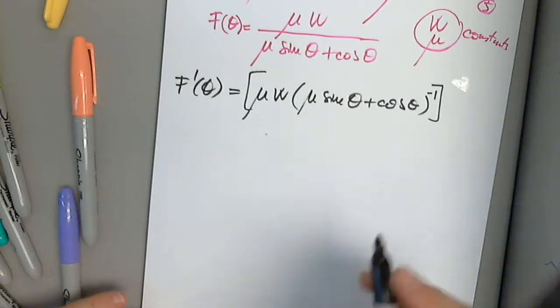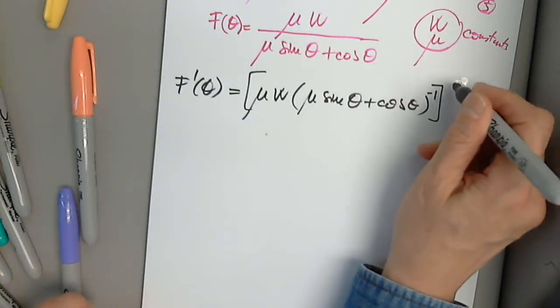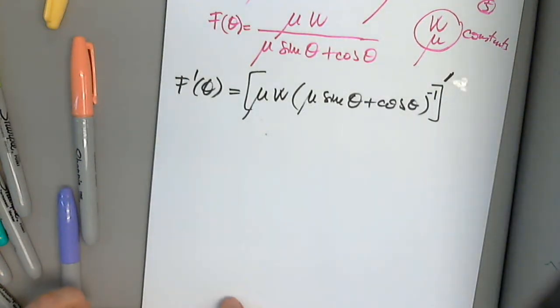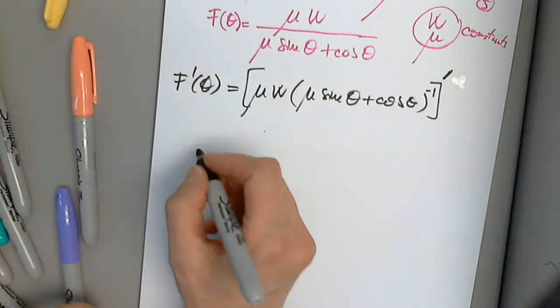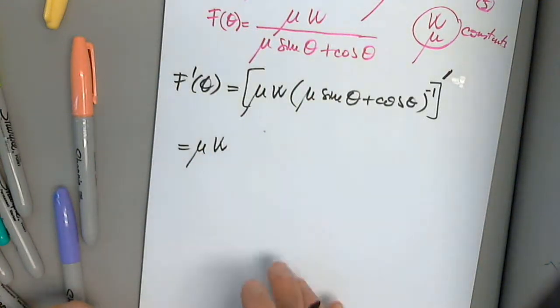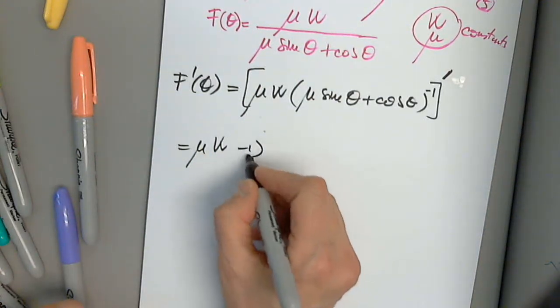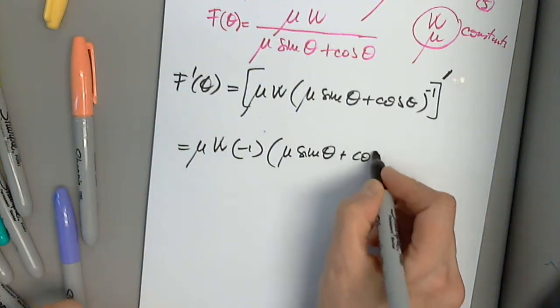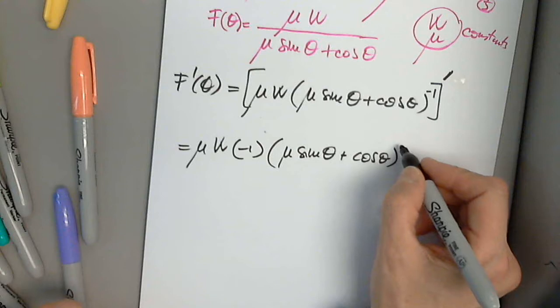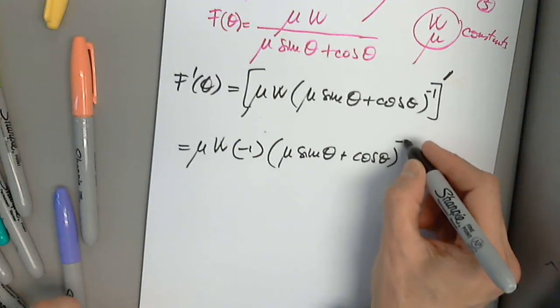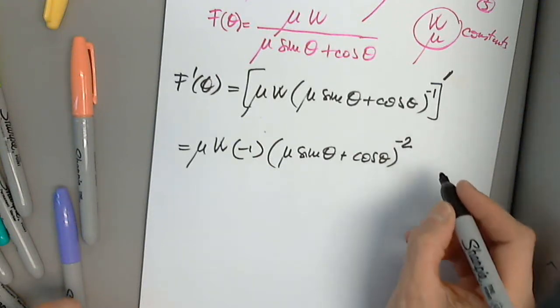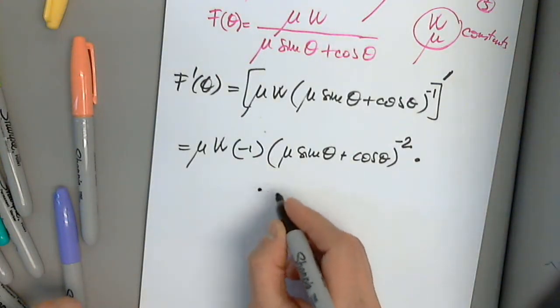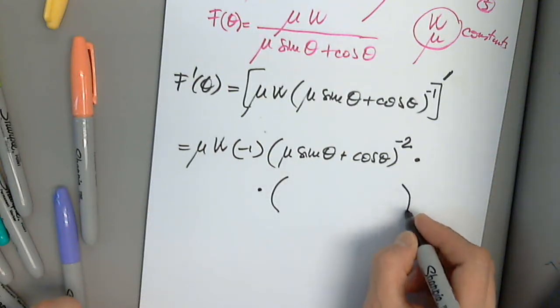Good, so let's differentiate. So this is mu W, -1 times mu sine theta plus cosine theta raised to -2 times the inner function prime.